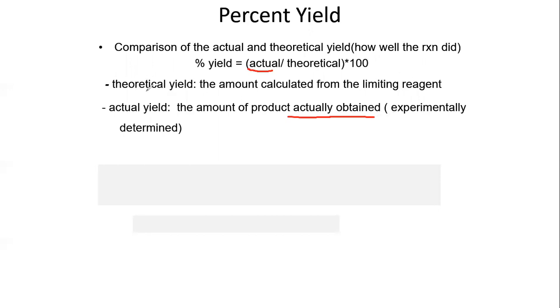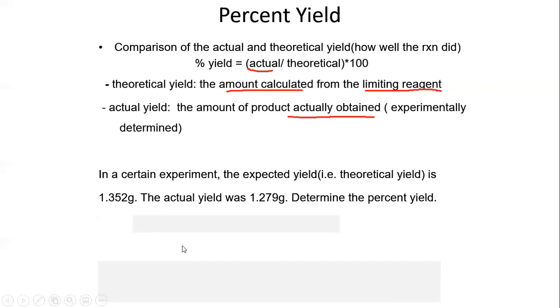The theoretical yield is the amount calculated from the limiting reagent. That's what we've been doing in these last three examples, determining the theoretical yield based on the limiting reagent. Once we have both those numbers, we take actual over theoretical times 100. So the closer it is to 100%, the better you did your experiment.